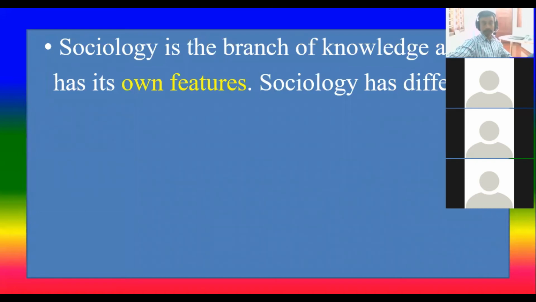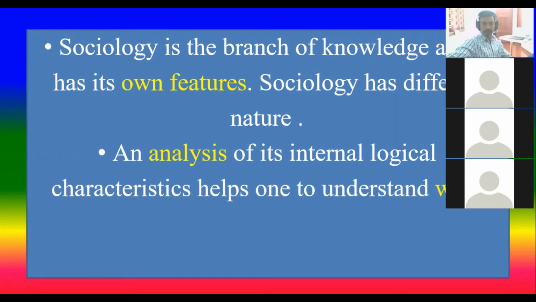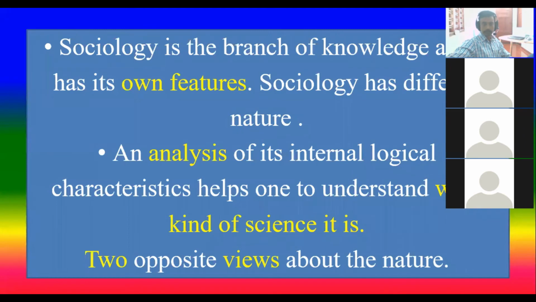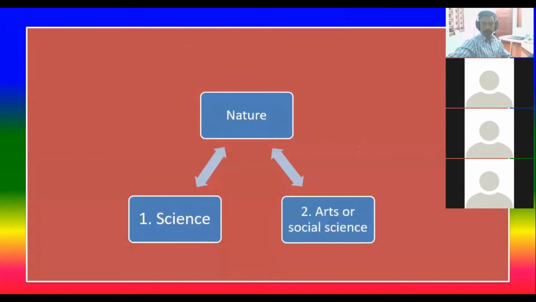It has its own features; compared with other social sciences, sociology is unique. Analysis of its internal logical characteristics helps us understand what kind of science it is. There are two opposite views: one view says it is a science, the other says it is a social science or arts.